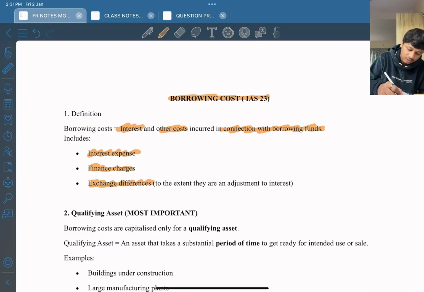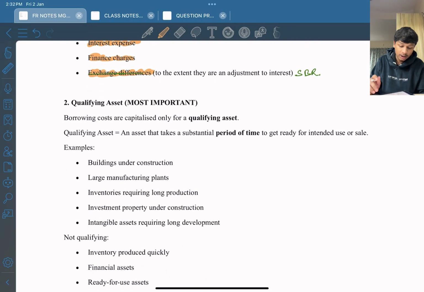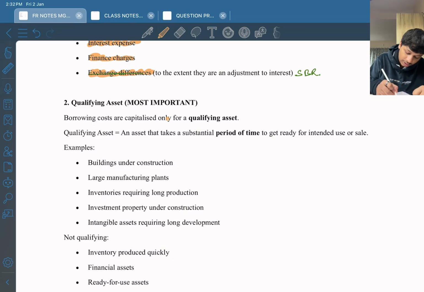Exchange differences is not important from the point of view of FR. It is important for SBR. Borrowing costs are to be capitalized only for a qualifying asset. We can only capitalize the cost which is incurred for a qualifying asset.